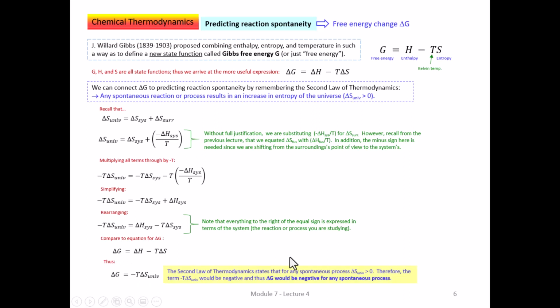Now recall again, the second law of thermodynamics states that for any spontaneous process, delta S of the universe has to be greater than 0. So if delta S of the universe has to be positive for a spontaneous process, and we've put a minus T in front of it, it means that deltaG would have to be negative for any spontaneous process.